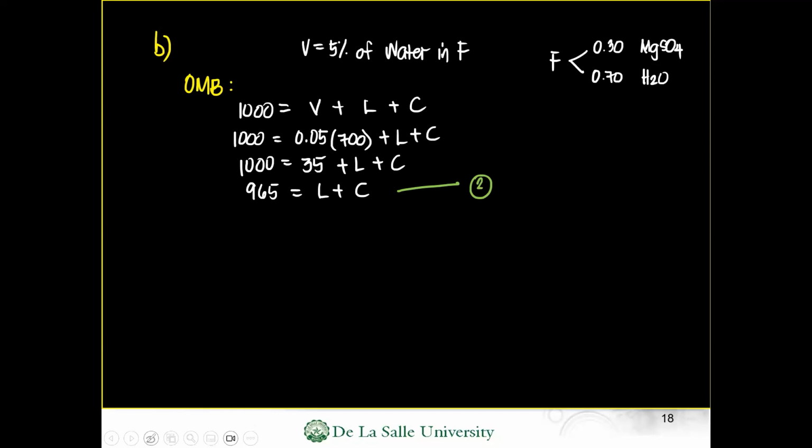And then let's go to the solute balances or component balances. For the component balances, 1000 times XF, which is 0.30, is equal to L XL plus C XC. What's L? We don't know yet.